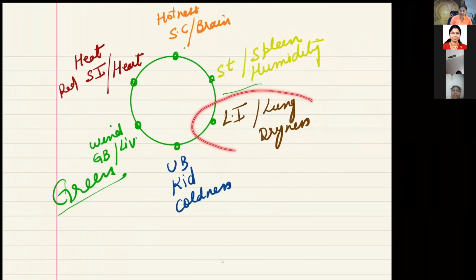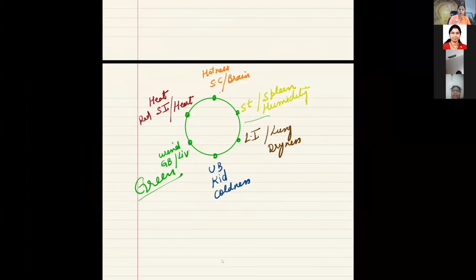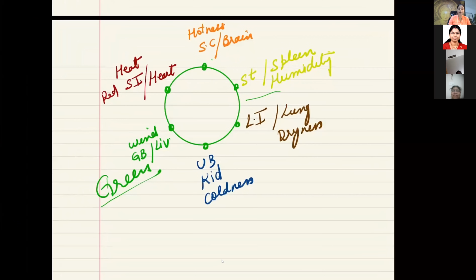In the large intestine, maybe loose motion, or pneumonia, some infection in the lung. This is hyperactive. Then UTI, which is inflammation, or maybe kidney infection. Whenever there is hyperactivity, doctors sometimes give antibiotics to control it, or steroids.